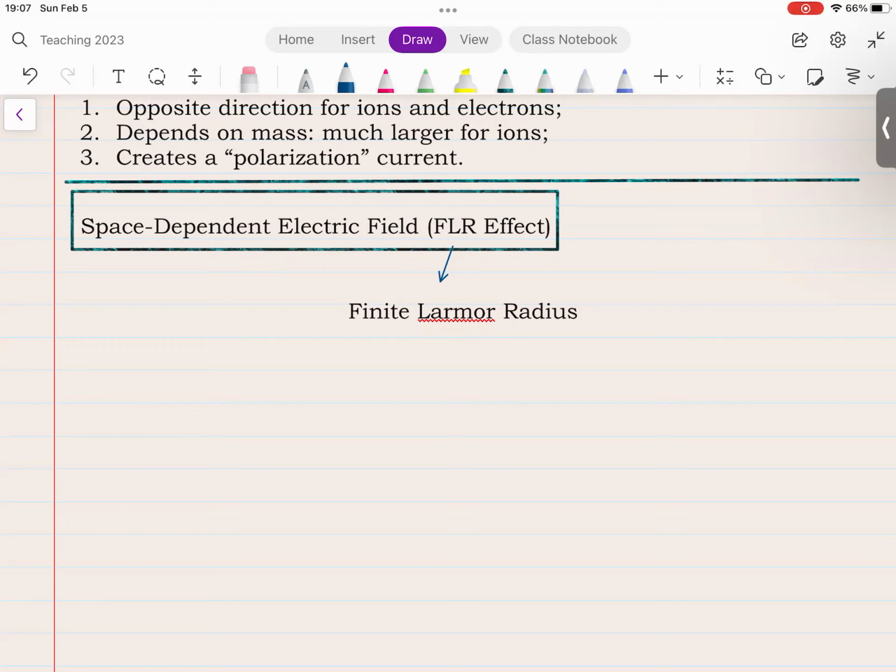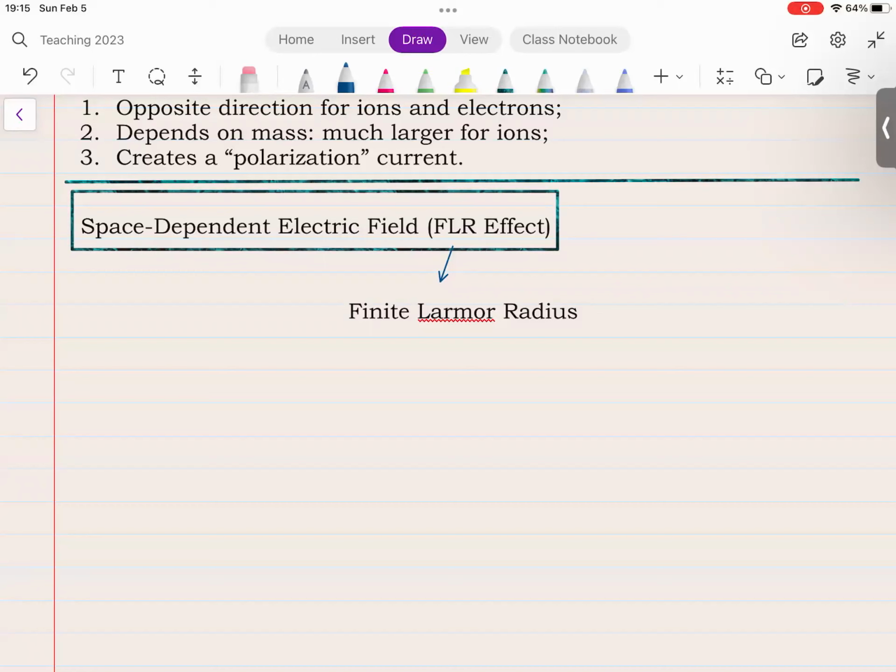If the Larmor radius was exactly 0, the grad B drift wouldn't exist. And pretty much the same thing happens for a non-uniform electric field. It works out in a very analogous way. So let's see how that goes.